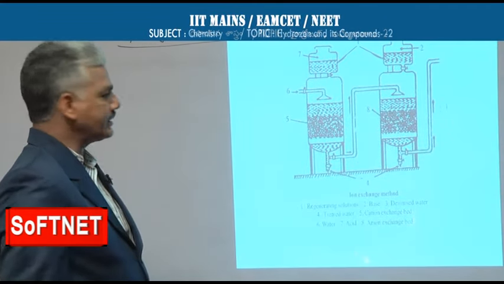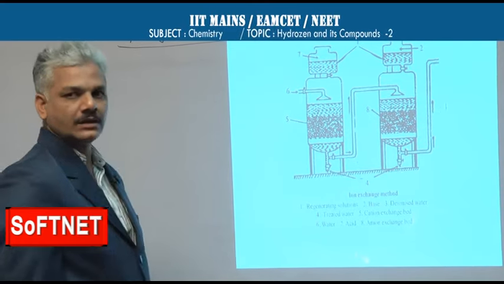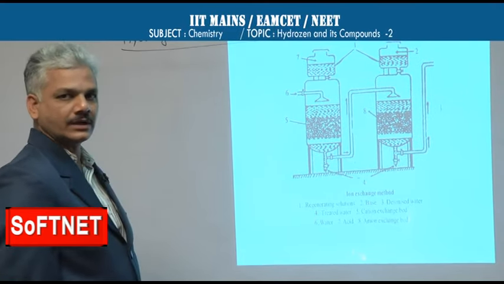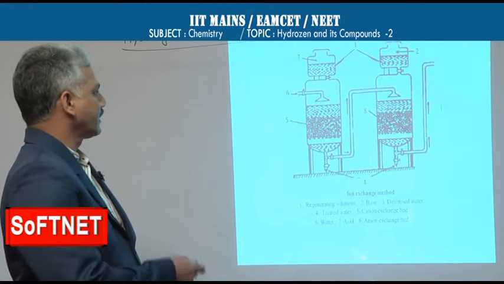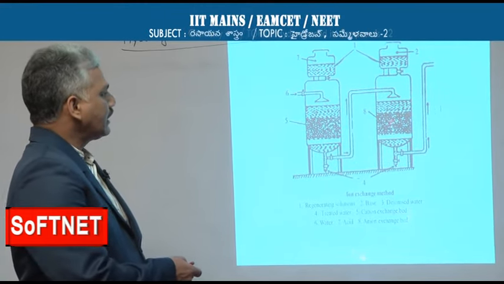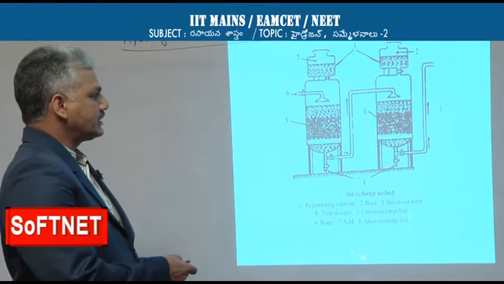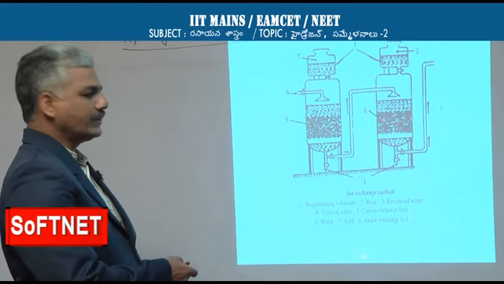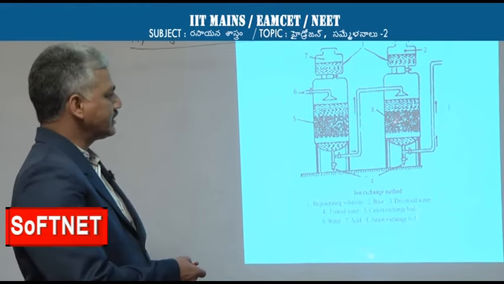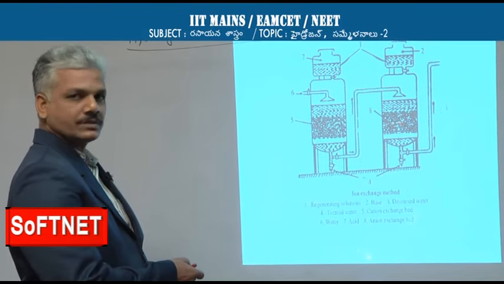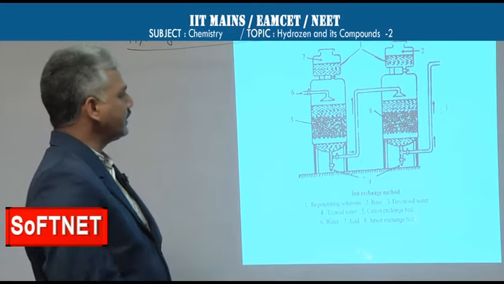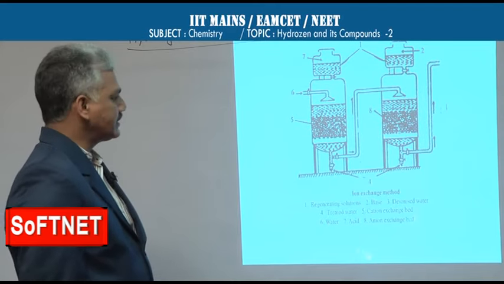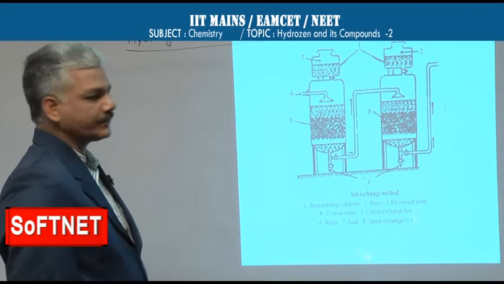These acidic resins will remove all the cations present in water and replace them with H plus ions. In the anion exchanger, basic resins are placed which will remove all types of anions present in water with OH minus ions. Hence, the water coming from the second chamber is a pure form of water.